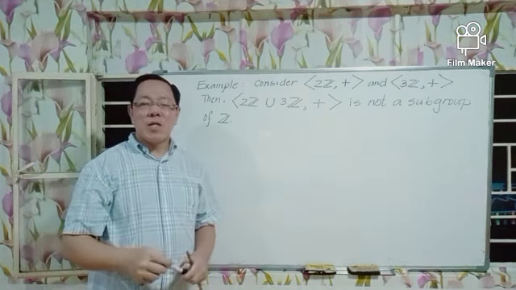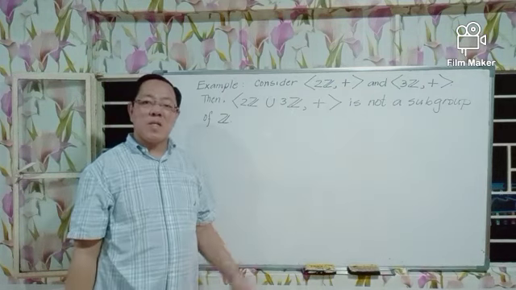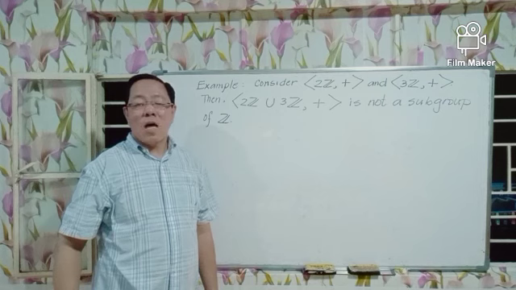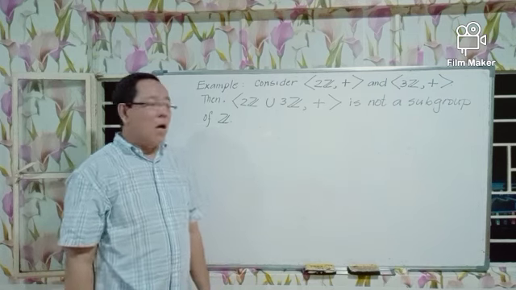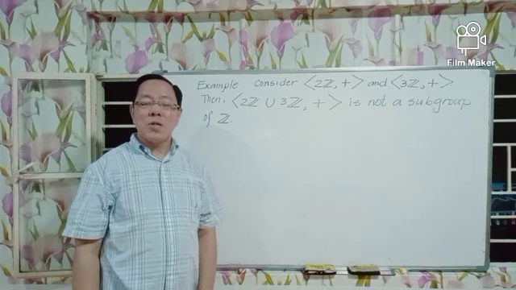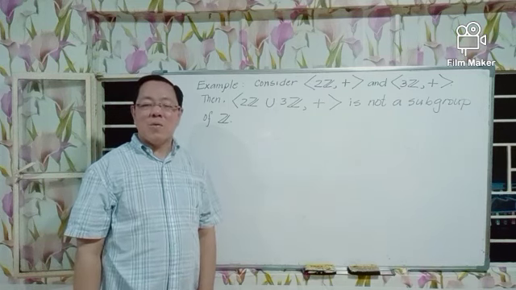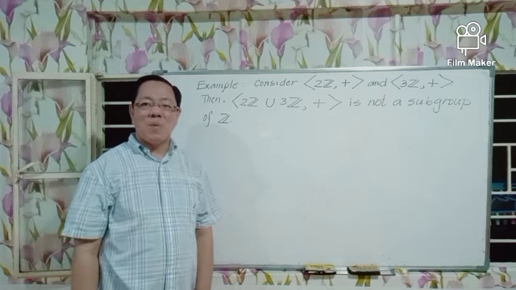To show that the union of the subsets 2Z and 3Z of the set of integers Z is not a subgroup under addition of the set of integers Z under addition, you only need to give one example that will not satisfy one of the properties of a subgroup.